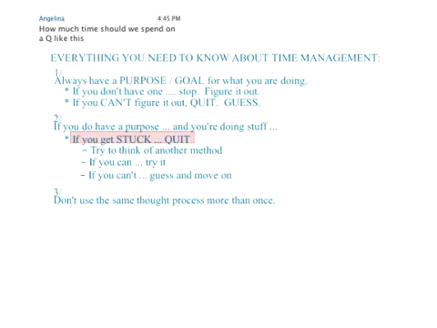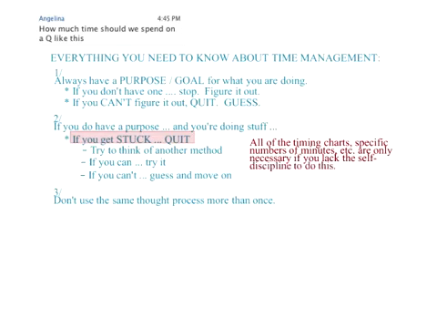If you get stuck, quit. All of the timing charts and specific numbers of minutes are only necessary if you don't have the self-discipline to do this. If you do, you don't ever have to think about timing charts or numbers of minutes because you will not have issues there.